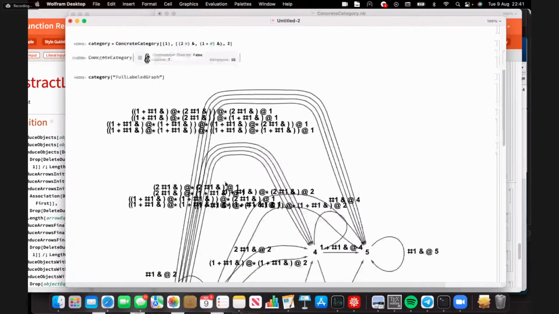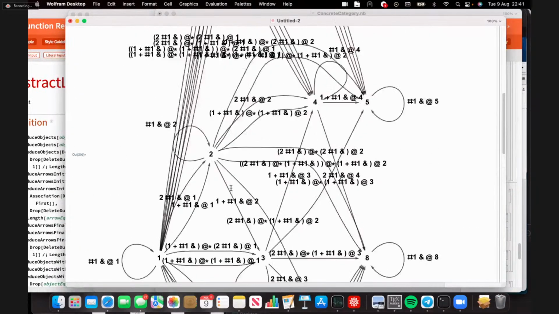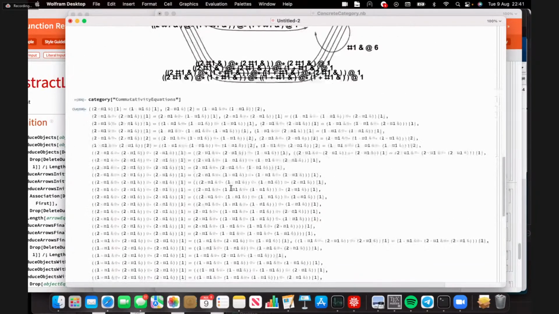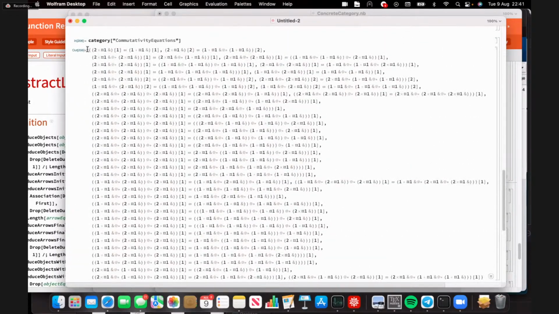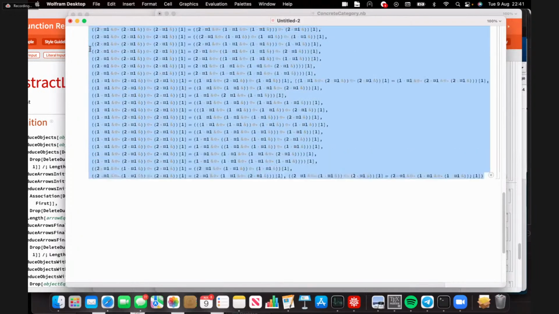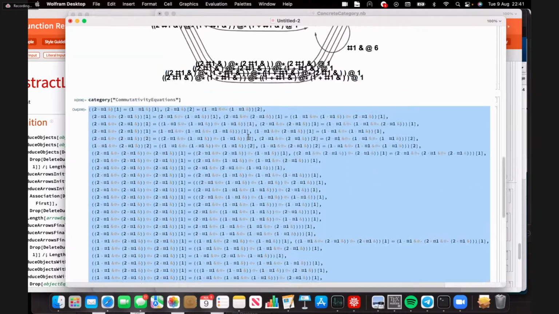One nice thing about this is that all the functionality from abstract category carries over into concrete category, along with some additional stuff. So we could say, what are the commutativity equations? These are now statements in Wolfram language that effectively are statements about correctness of function composition, right?